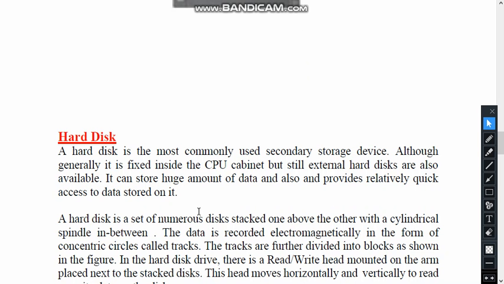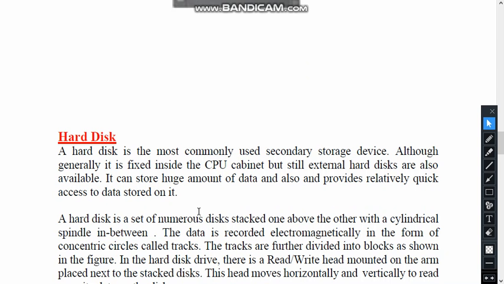Now let's come to the most commonly used secondary device, your hard disk. Hard disk is the most commonly used secondary storage device. Generally it is fixed inside the CPU cabinet.